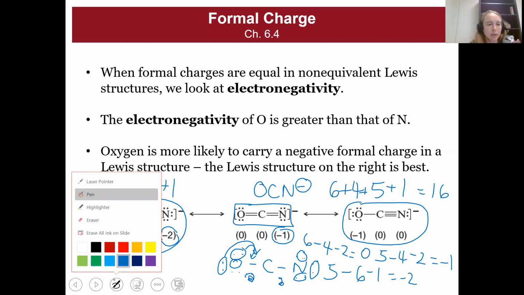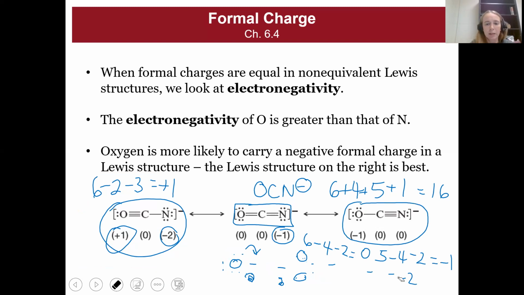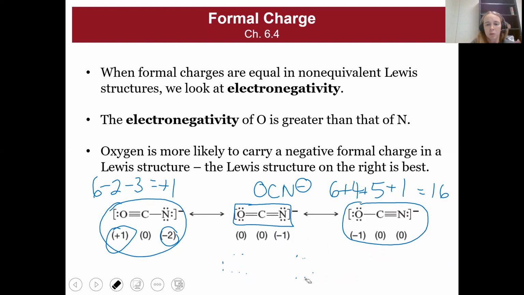Let me erase a little bit so we have more room again. In this case, our oxygen had 6 valence electrons, minus 6 non-bonding electrons, because it's got 3 lone pairs now, minus 1 bond, equals -1.